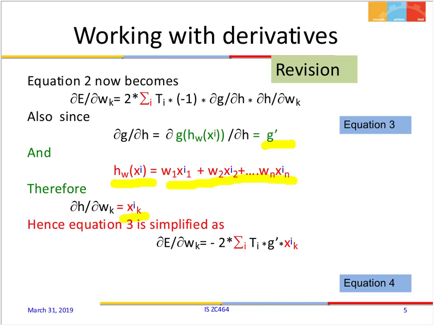That means if it is a partial derivative over the sum of these w1 x1 plus w2 x2 plus wn xn, then it is equal to the sum of the partial derivatives of each individual term, right? So we can write del h by del wk as del of w1 x1 by del of wk, right? Because there is w1 involved in this very first term, and then we are applying the partial derivative in the direction of wk. w1 and wk being orthogonal, their derivative gives us a 0.